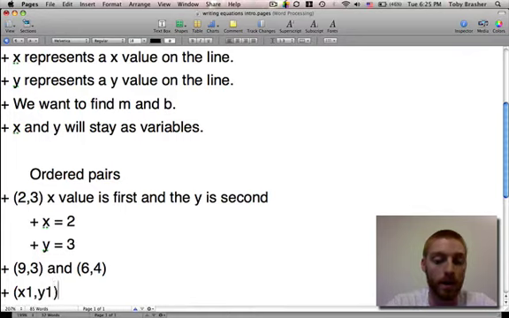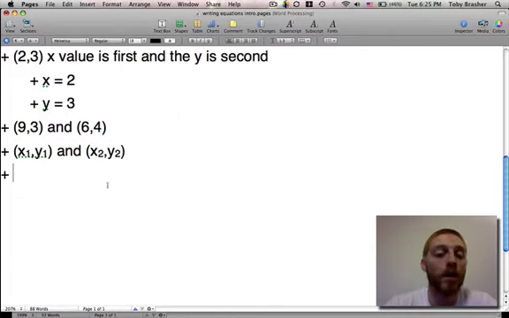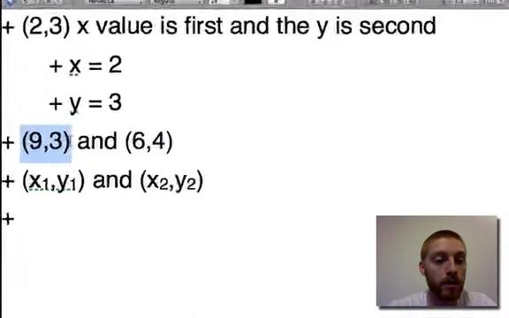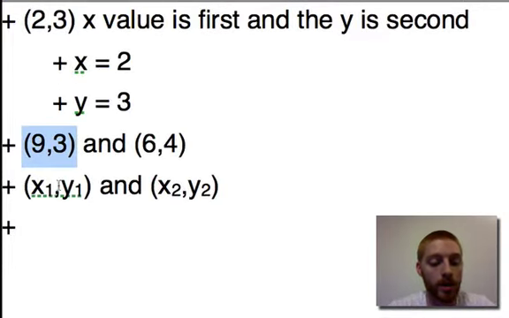So we'd have our x1, y1, and x2, y2. Now that those are subscripts, we can use this to tell which ordered pair goes with what. I have my 9, 3 ordered pair, and this is my first group. So we're always going to say that our first group goes with our x1, y1.